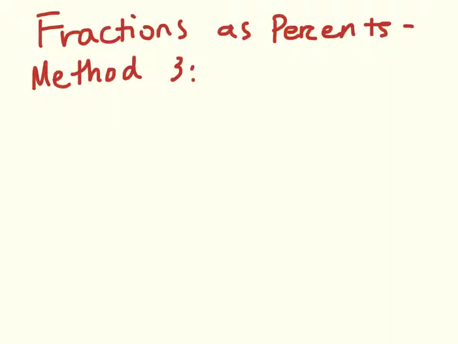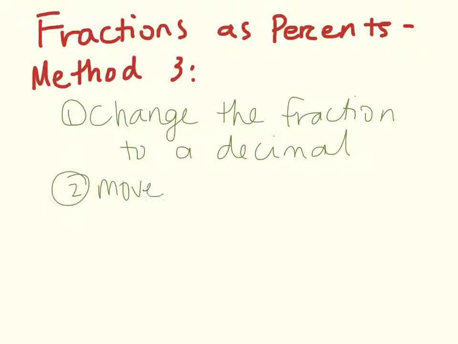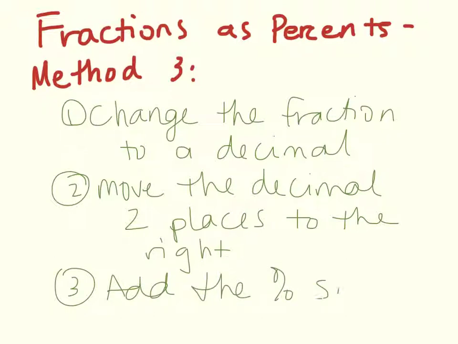So one thing we can also do is change the fraction to a decimal, and we can use a calculator, and then move the decimal point, divide it by, or multiply it by 100, and move the decimal 2 places to the right, and then add the percent sign. All right, so we'll use our calculator for these.